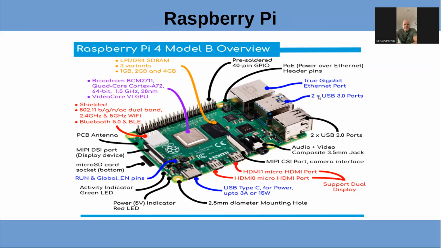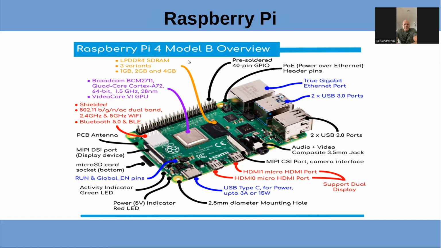It has wireless, it has Ethernet, it has USB ports, it has HDMI ports, it has audio, it has a camera connection. I mean, it has everything you need for a complete computer. You just attach a USB keyboard and mouse and a display, and that's all you need.